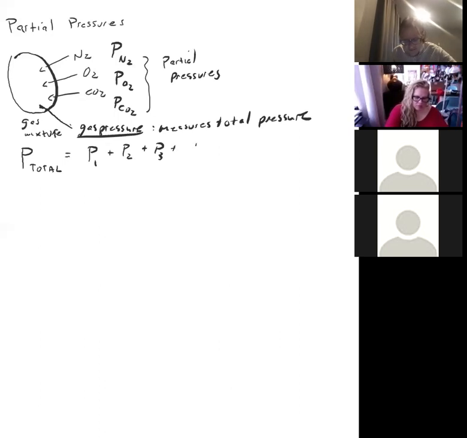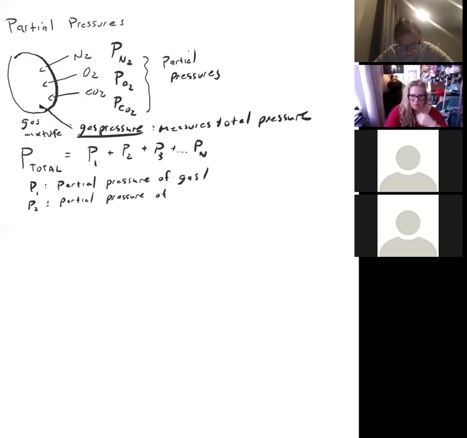And it goes on to as many gases as you have. So if you have n gases, like 16, you would just add up the individual pressures. Each of those pressures is called a partial pressure. So P1 would be called the partial pressure of gas 1. P2 would be called the partial pressure of gas 2. So forth and so on.